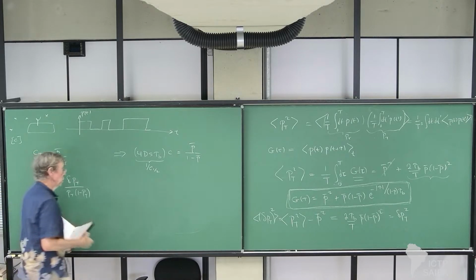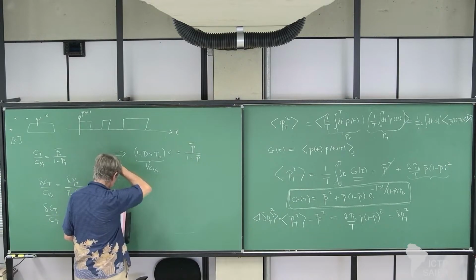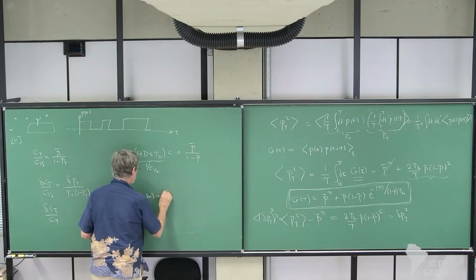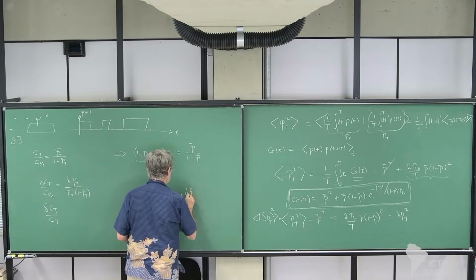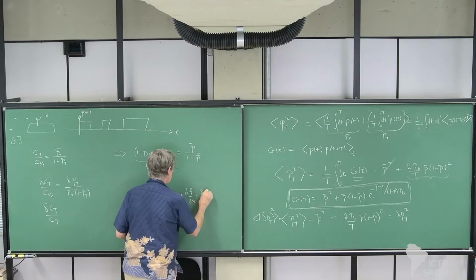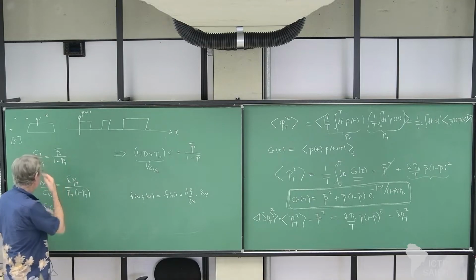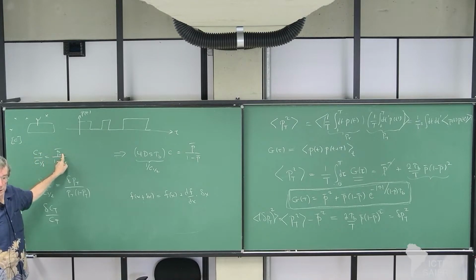So I have a function of x, and I make a small change in the function. That's exactly what I've done here. I've said, take this guy and ask by how much it changes if this guy changes a little bit. So I differentiate this with respect to PT and multiply the result by delta PT.